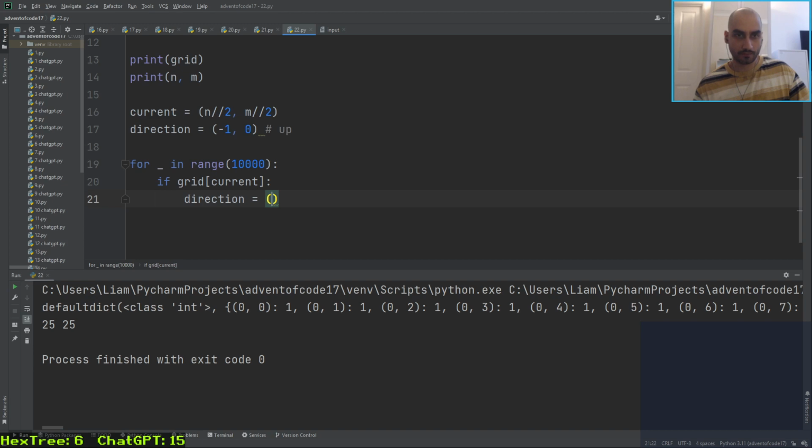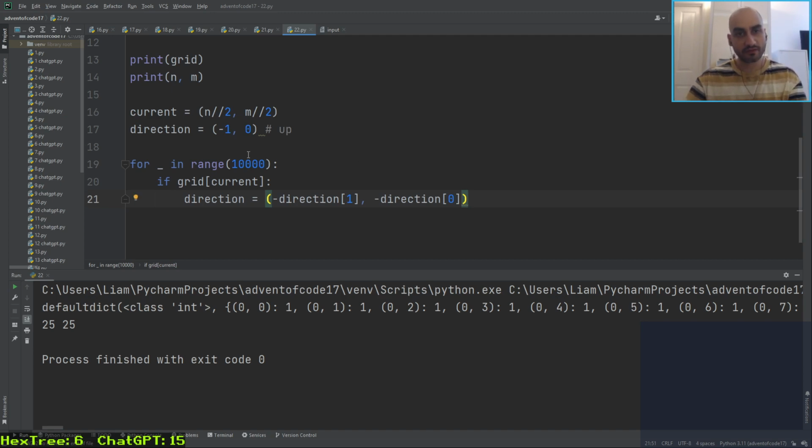Right is 0, 1, down is 1, 0. Is it minus whatever your previous direction was, the second parameter, and then minus whatever the first parameter was? I forget my linear algebra.